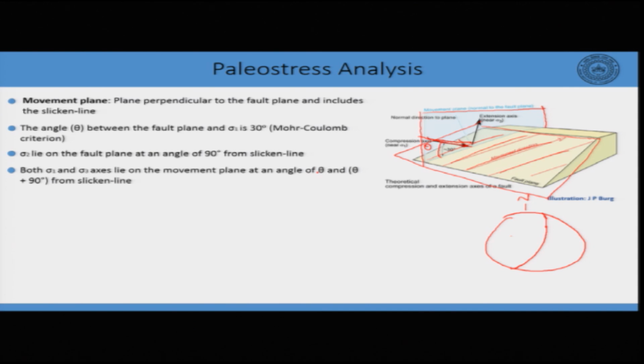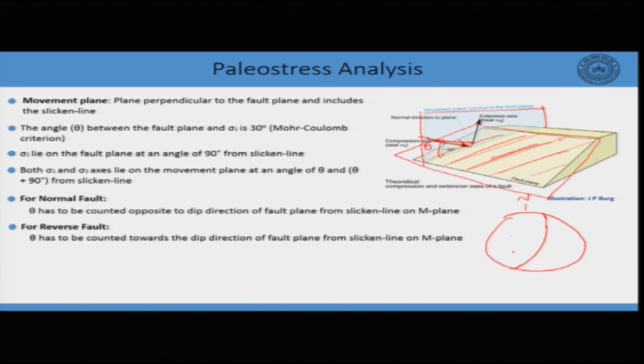Then for a normal fault, how will we calculate theta? Since for a normal fault sigma 1 should be at a high angle, we will measure theta opposite to the dip direction on the movement plane, at 30 degrees from the striation. For a reverse fault, we will count theta towards the dip direction from the striation on the M plane.